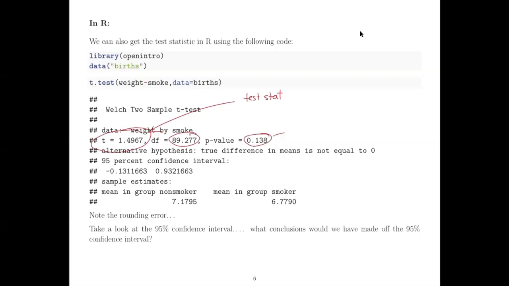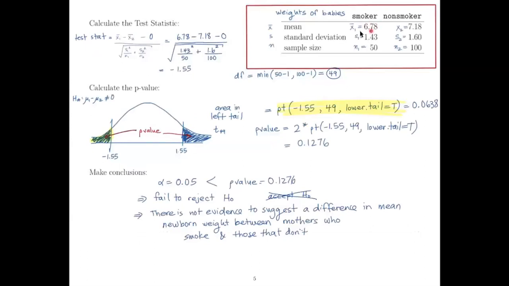So our p-value is slightly different than what we got before, and that could be for two reasons. We're using a slightly different, more precise degrees of freedom. We also ended up with a slightly different test statistic, and I'm confident that that comes from rounding error, right? So when I calculated my means and my standard deviations here, I rounded them all to 2 decimal places.